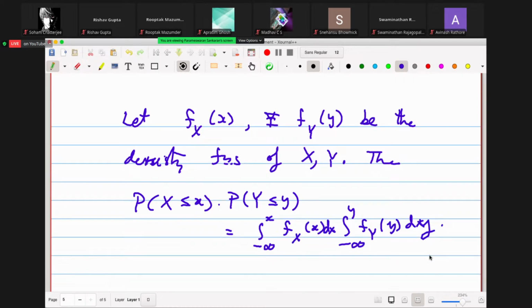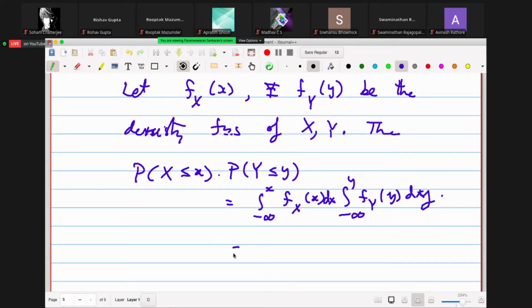Okay, and I can rewrite it in this particular form. Write it together, from minus infinity to x and minus infinity to y, of f_X times f_Y dy.